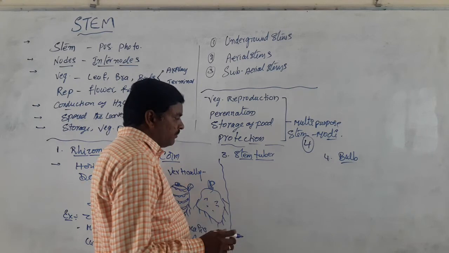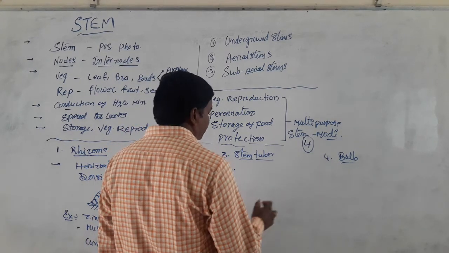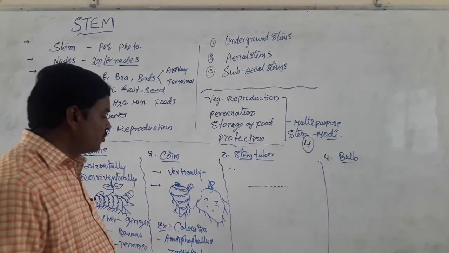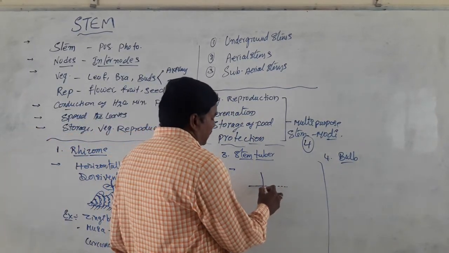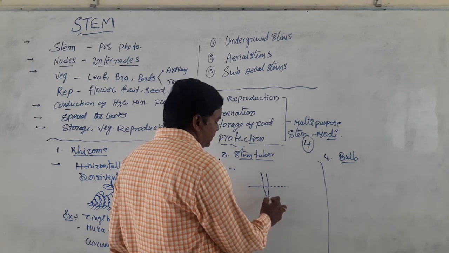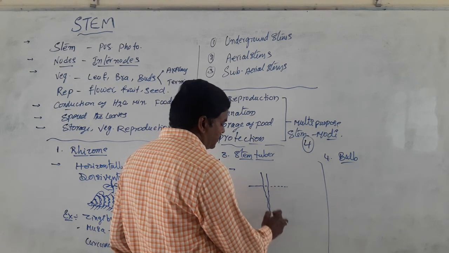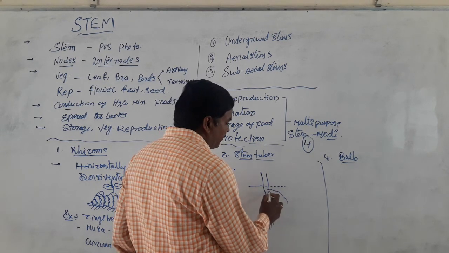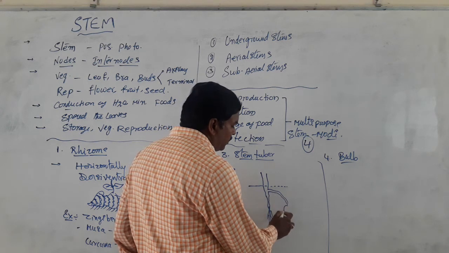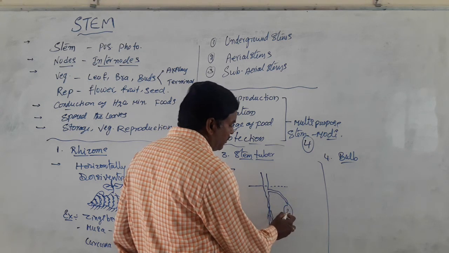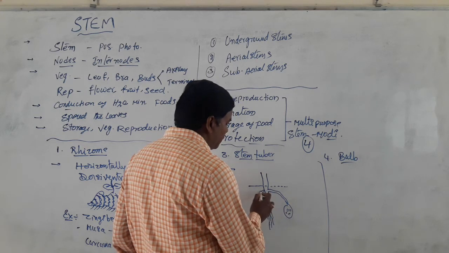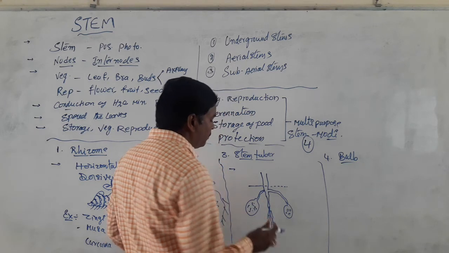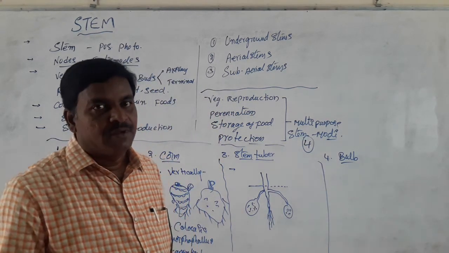Now coming to the third one, the stem tuber. For example, this is the ground surface. Students, here this is the stem, and this is the lower part of the stem, and this is the root system. Some branches produced from the underground stem store food material at their tips, and the tips become bulbed and tuberous.